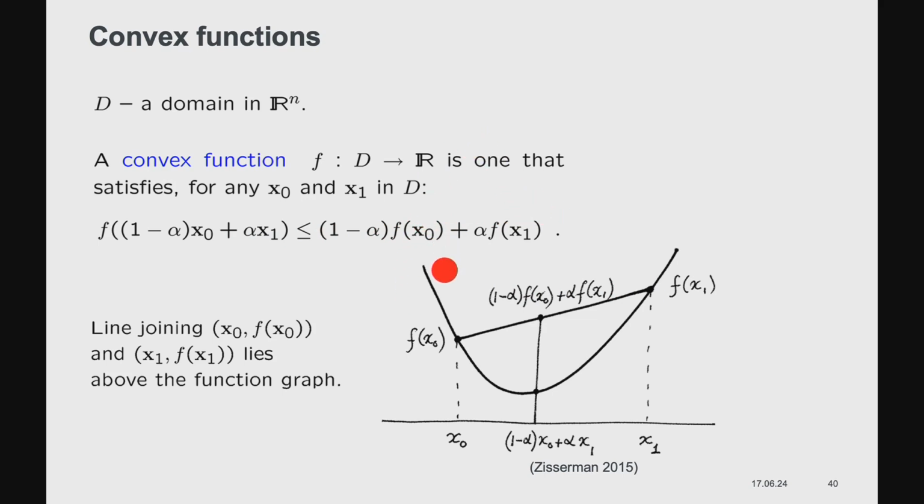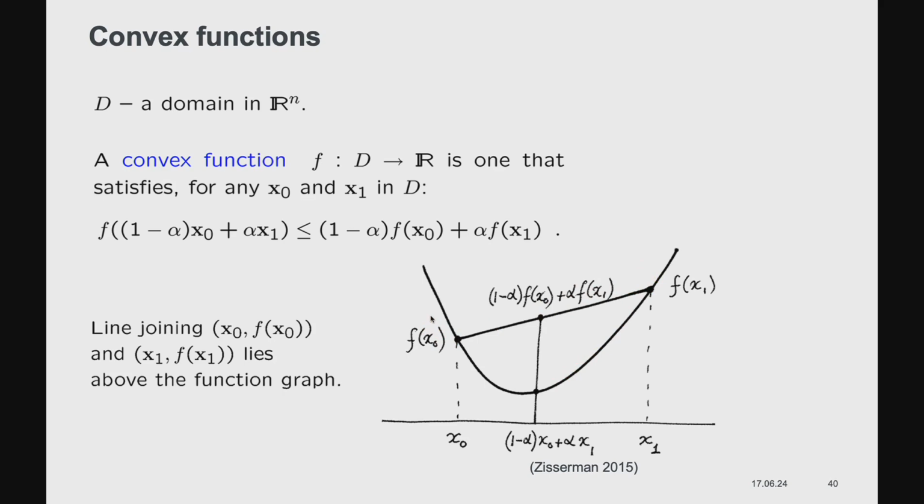Now, this is easier to understand when you look at this picture. So a convex function behaves basically like such a trough. And when you take this function value of x0 and this function value of x1, you basically say for any point in between, the value of the point in between is less than the direct line.